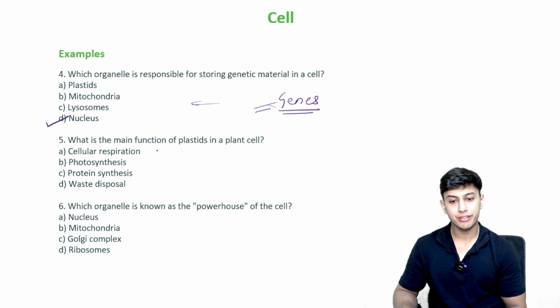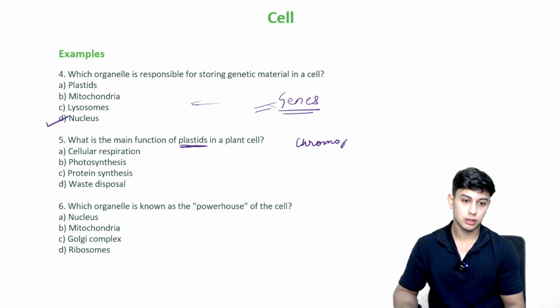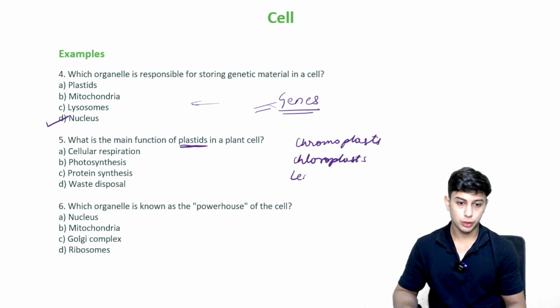What is the main function of plastids in a plant cell? We had three plastids: chromoplast, chloroplast, leucoplasts.